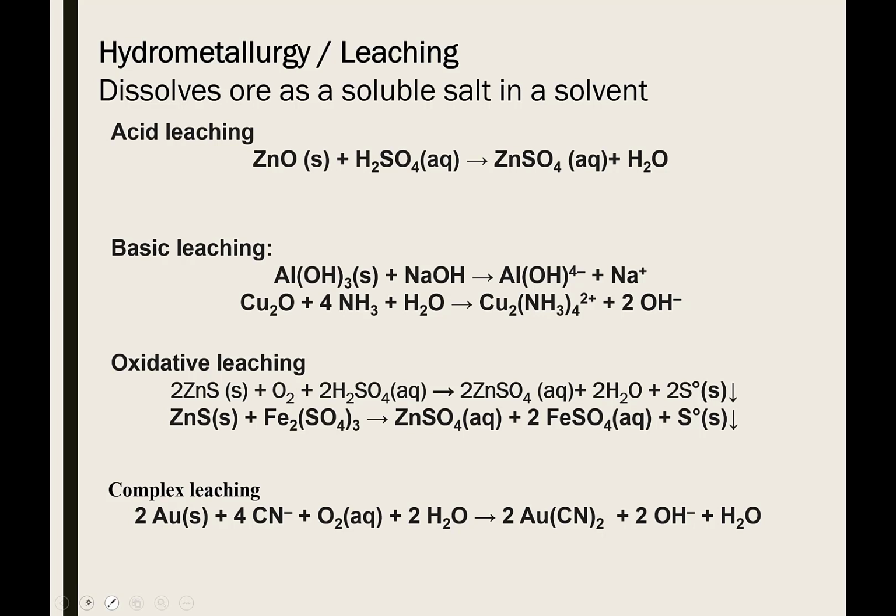Basic leaching includes dissolving in a base instead, which will again produce a soluble form of the metal. It's possible to achieve this using oxidative leaching with oxygen in an acidic medium, and sometimes with complex leaching, where you use a complexing agent, a ligand, to dissolve your ore into a soluble metal complex of that metal.